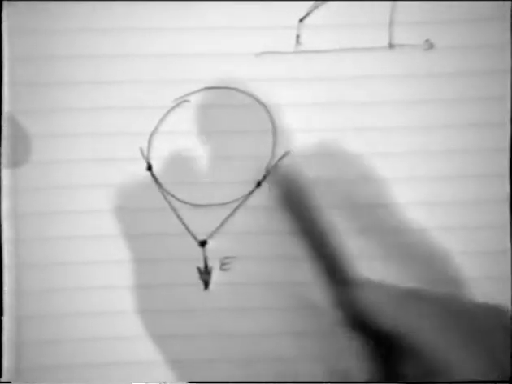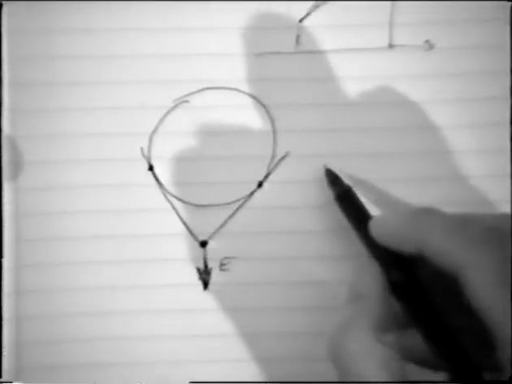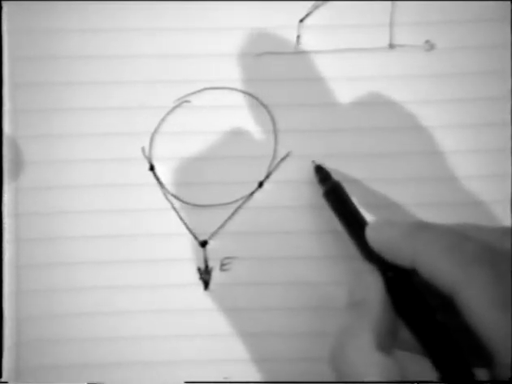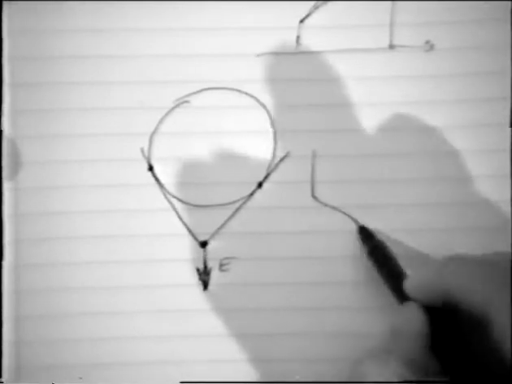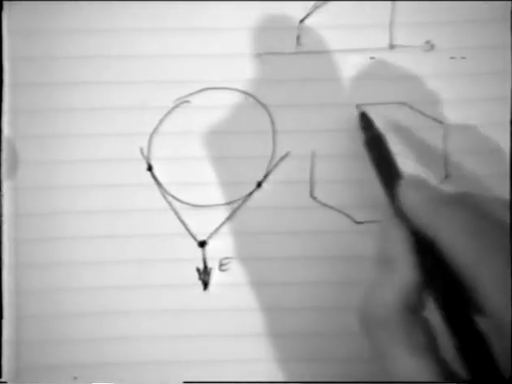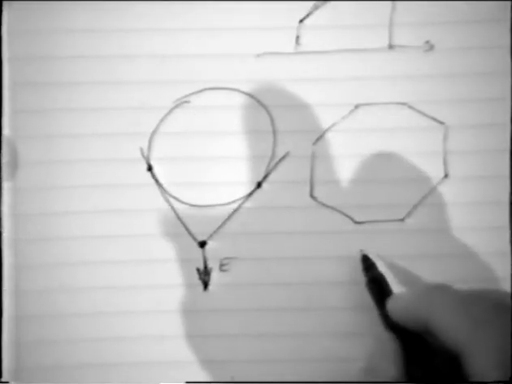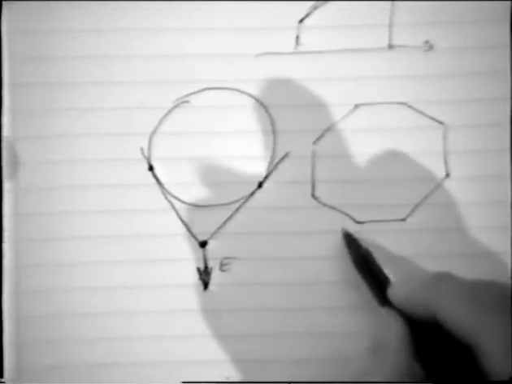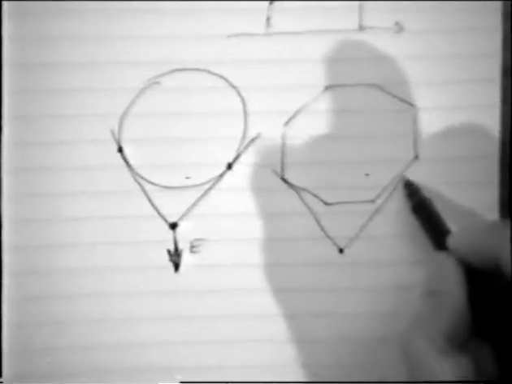Now, if we were to approximate the cylinder with a bunch of little polygons, let me be careful and draw this diagram so it illustrates what I want to show here. Say 8 polygons. And we have the eye sitting down here like that. And where it's tangent to these polygons, it's going to see something like this.